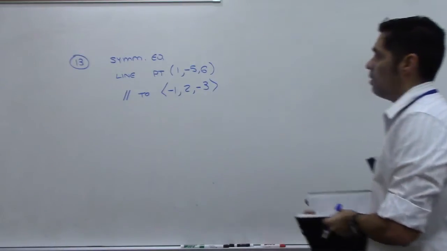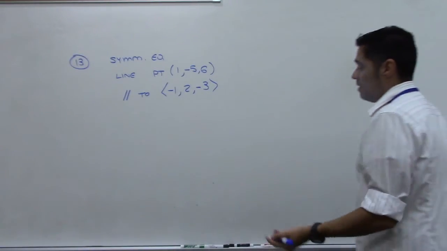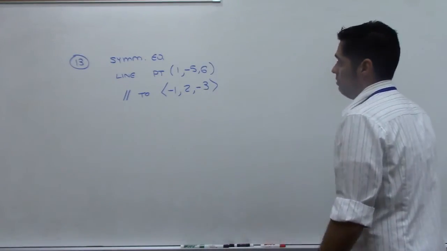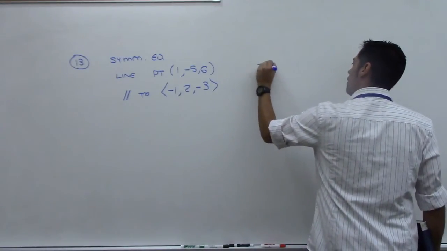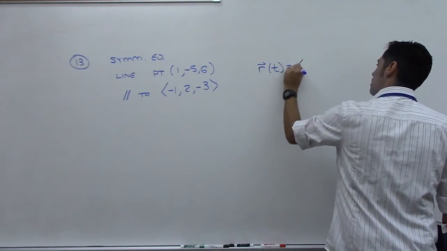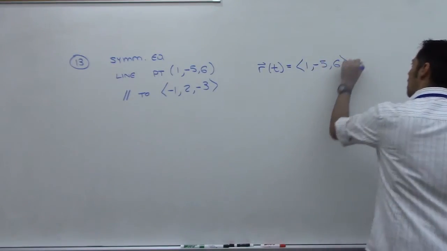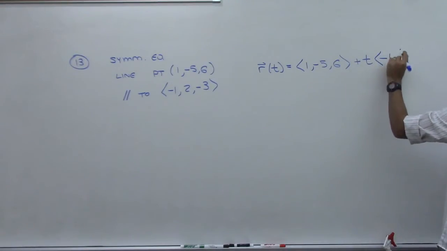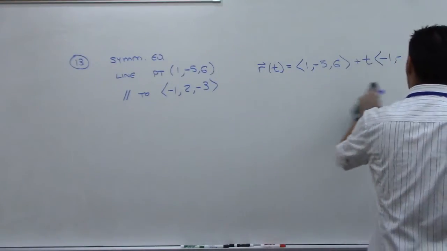So find the symmetric equations for this. Well, that's pretty easy because in order to find the vector equation of a line, we need a point and a direction, which we have right here. So r of t should be equal to the vector 1, -5, 6 plus t times the direction of the line. Since it's parallel to that vector, we're just going to use that vector itself as the direction.